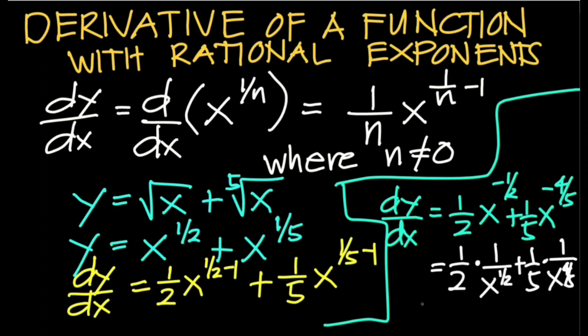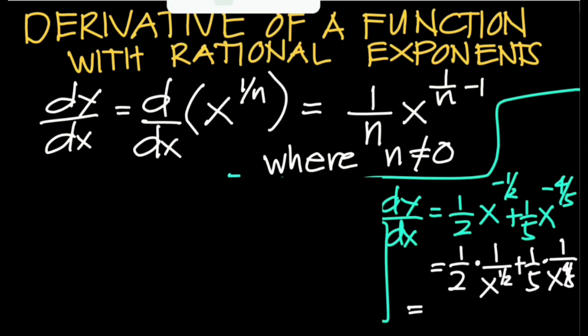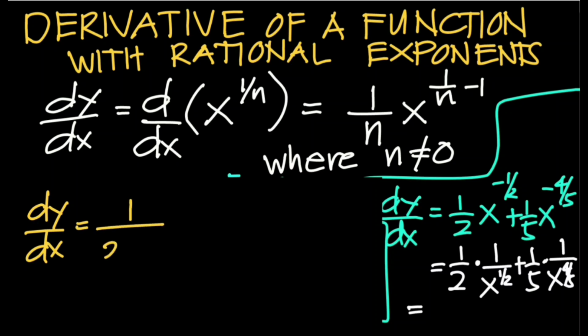So dy over dx would become 1 over 2x to the 1/2 plus 1 over 5x to the 4/5.